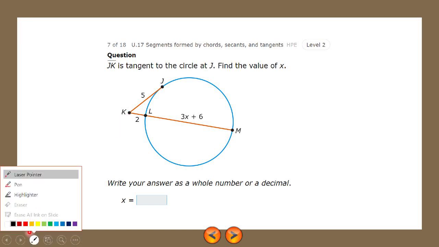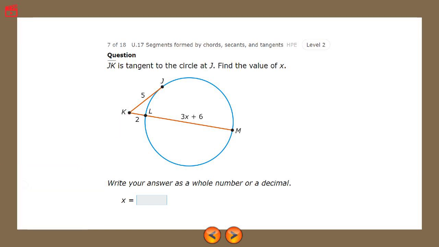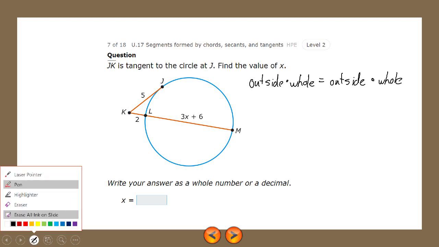Outside times the whole equals outside times the total. This does look visually different than the last one, because now we don't have 2 lines passing through the circle. But it is the same idea.